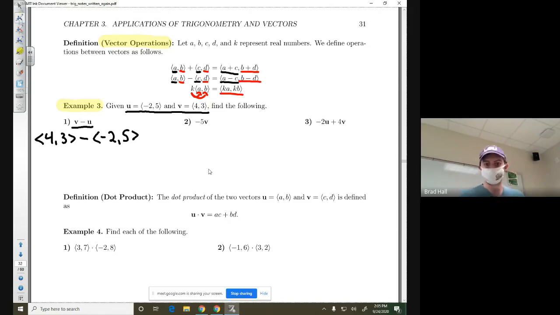And so the rule for this is when you subtract 2 vectors, you get a new vector. So I'm going to have this notation where it is component-wise subtraction. The first component would be 4 minus -2, and for the second component, it would be 3 minus 5. So we're doing this component by component.